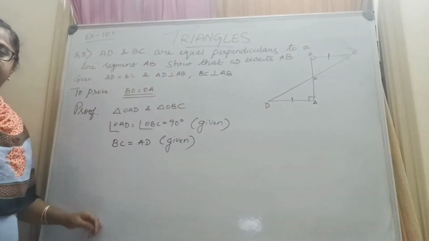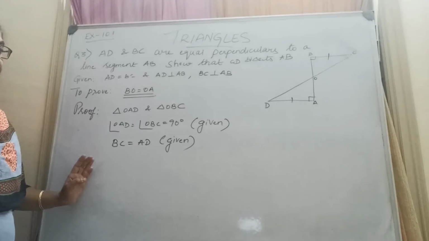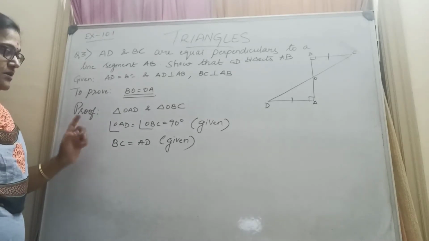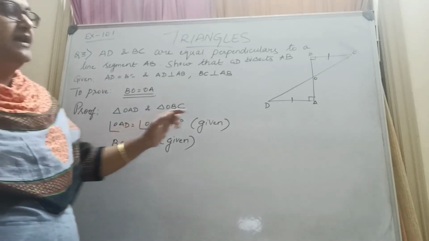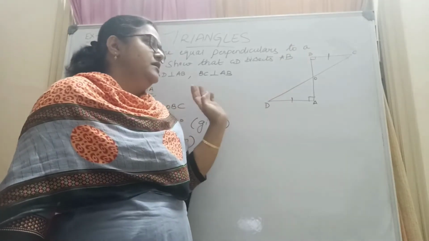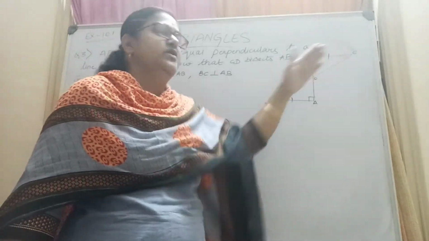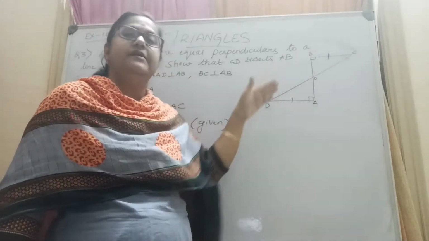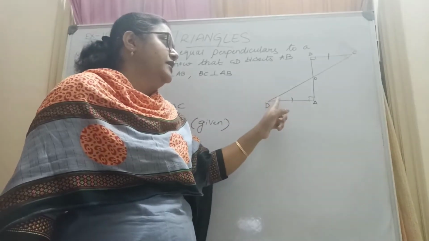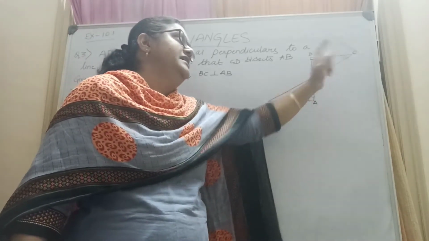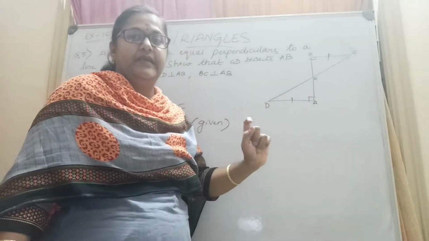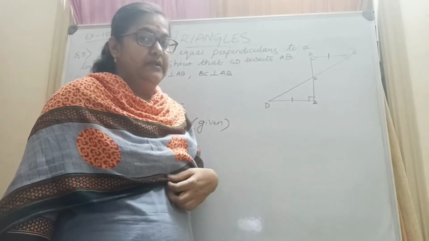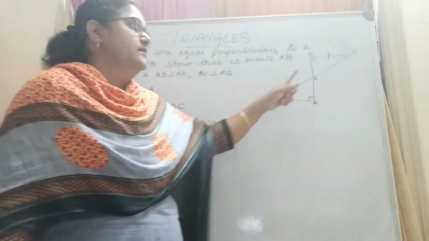Now I need one more piece of information to prove that these two triangles are congruent to each other. One angle and one side I have taken into consideration. Now I cannot take angle C and angle D, because I don't know whether O is the midpoint of CD. Can I take them?